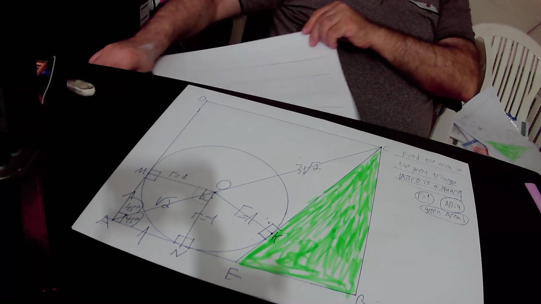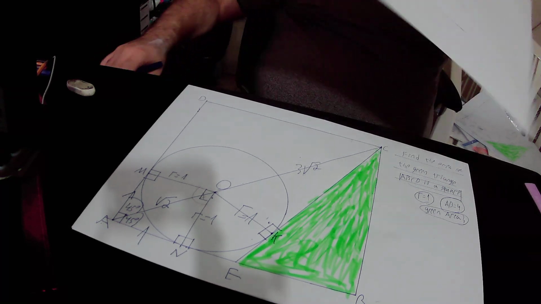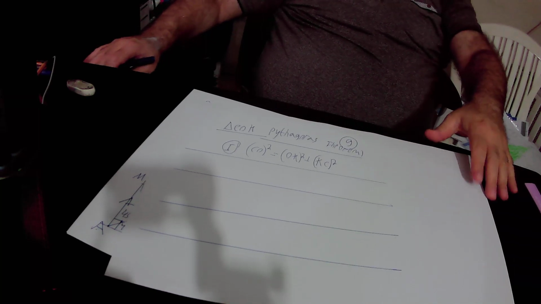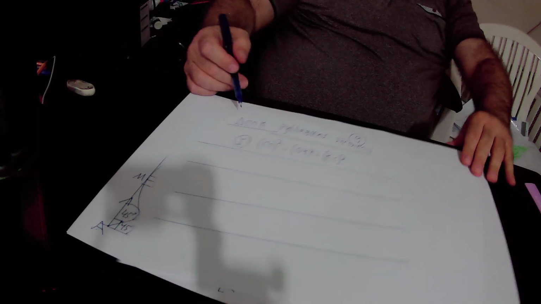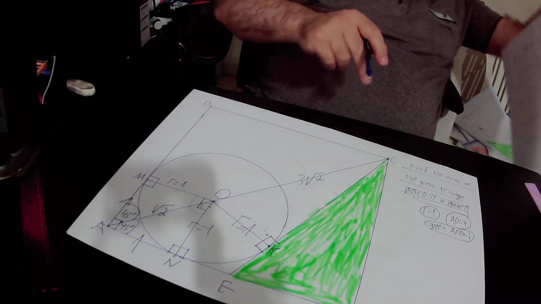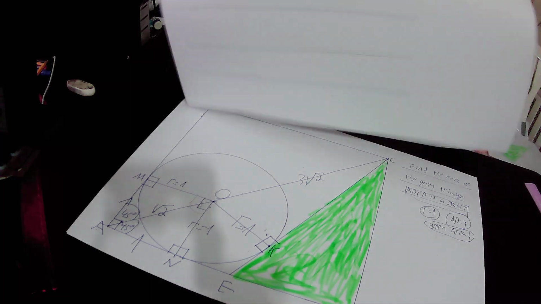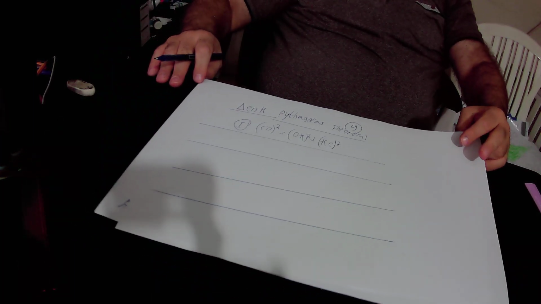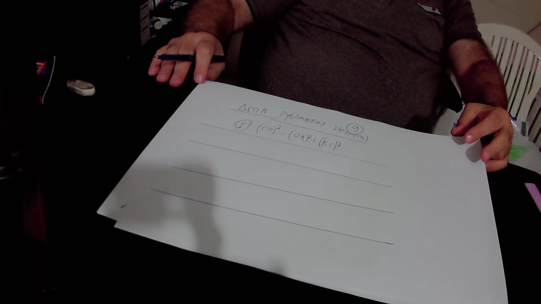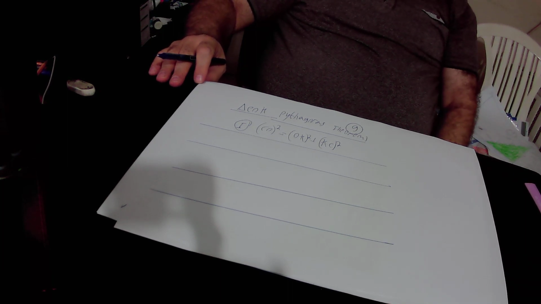I will repeat again. In the right triangle COK, according to the Pythagoras theorem, the square of the hypotenuse equals the sum of the squares of the perpendiculars.